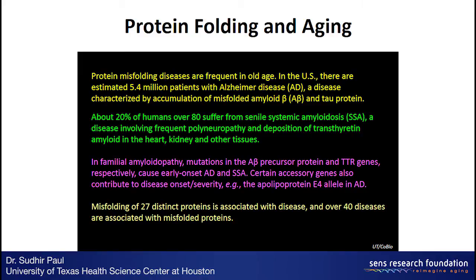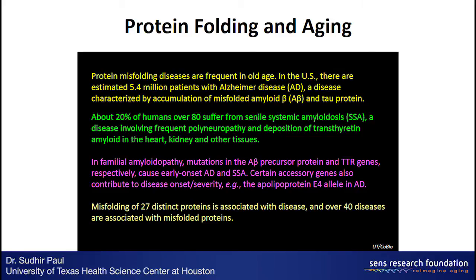SSA, or senile systemic amyloidosis, occurs mostly in the periphery. It affects the heart, kidney, and other tissues. This is caused by a protein called transthyretin.